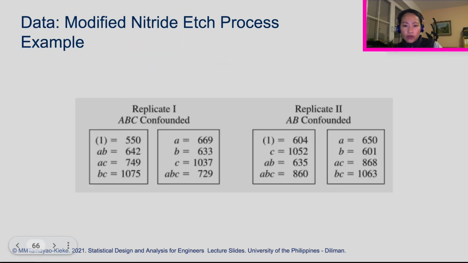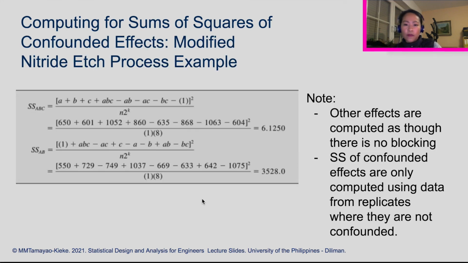So let's go back to that. The replicate where it is not confounded is replicate 2, and these are the observations, 604, 1052, and so on. That's why you have 604, 1052, and all the other values there, squared, divided by 1 times 8, that would be this value.